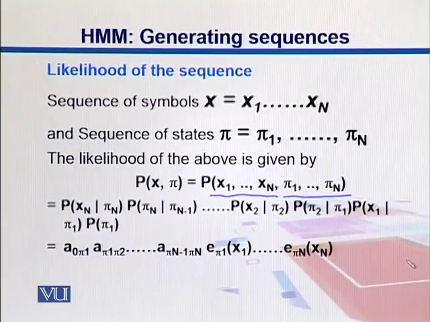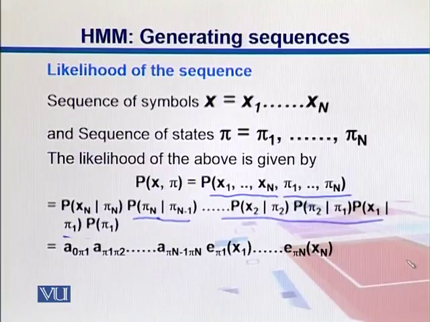So the probability of xn, the last one, while in state pi n, is multiplied by the probability of the previous symbol, and the transition from pi n minus 1 to pi n. In the same way we continue until we reach the first position.